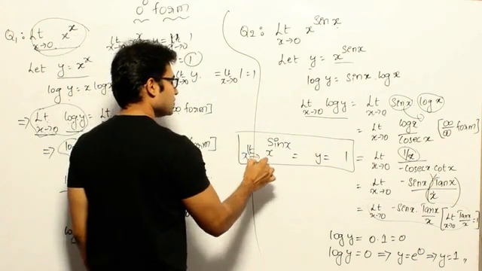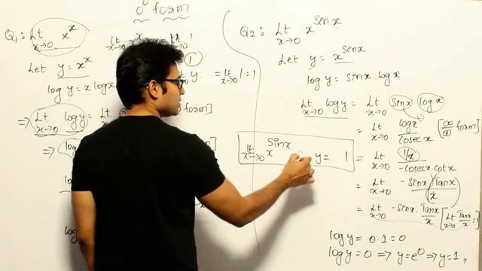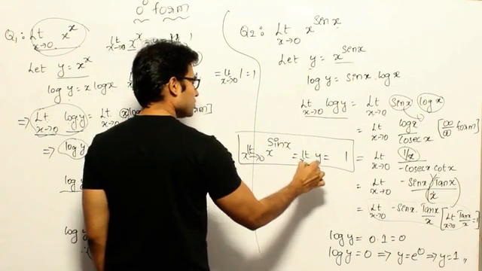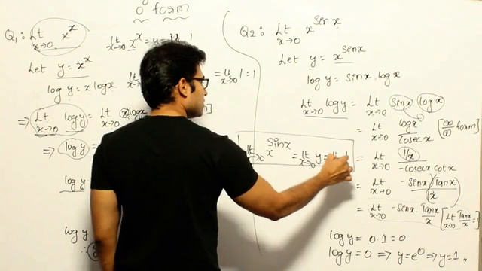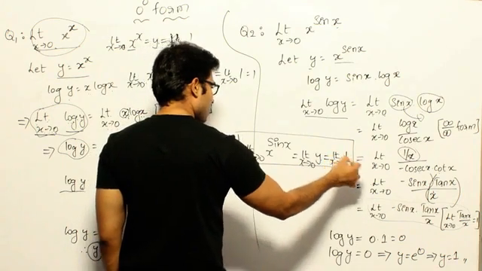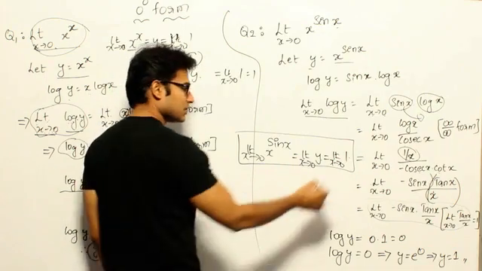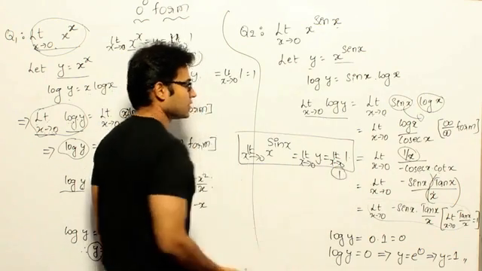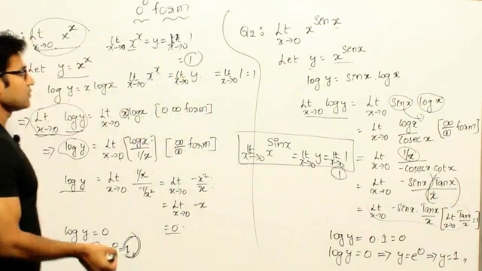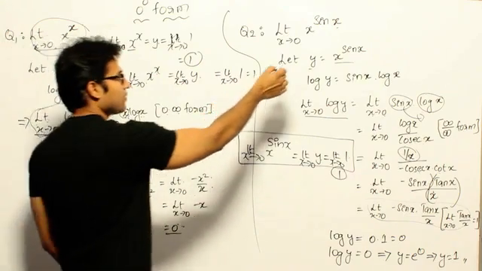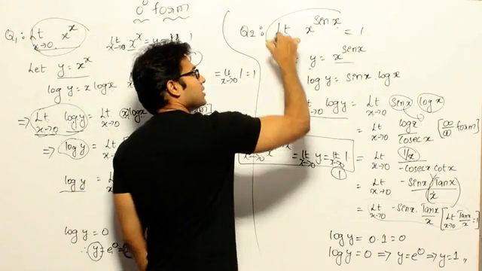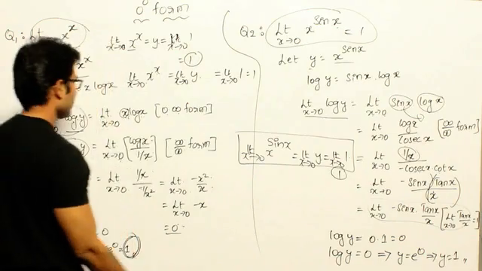So limit x tends to 0 x power sin x is equal to limit x tends to 0 y, and that is equal to limit x tends to 0 1. Now what is limit x tends to 0 1? It is simply 1. Why? There is no factor of x there. Alright. So this entire limit is equal to 1.